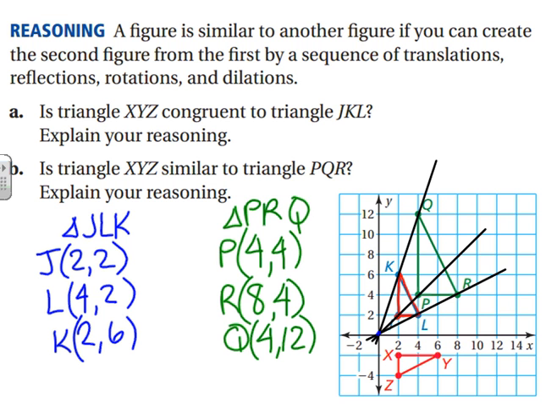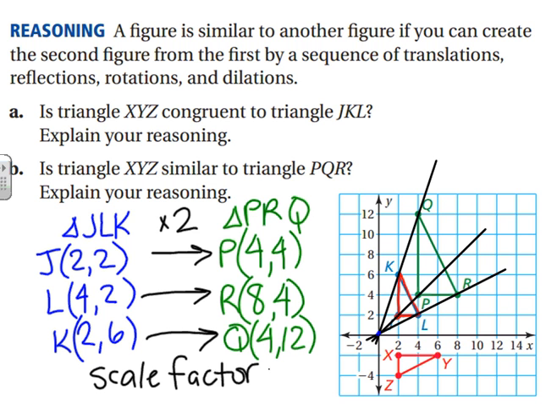So now when I look at each one of these pairs of points, I can see that every value in PQR is exactly double or twice as big as JLK. So because I'm multiplying by 2, I have a scale factor of 2. And I've proven 2 different ways that triangle XYZ is similar to triangle PQR.